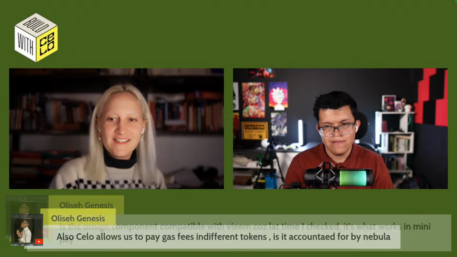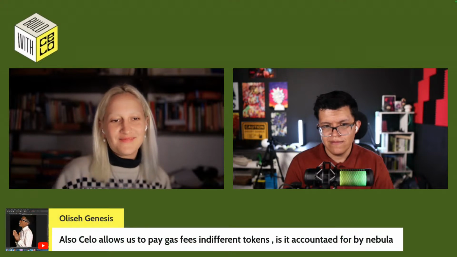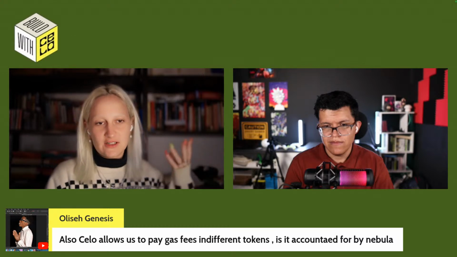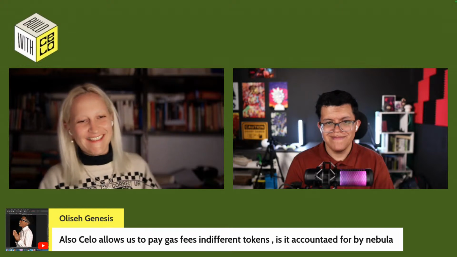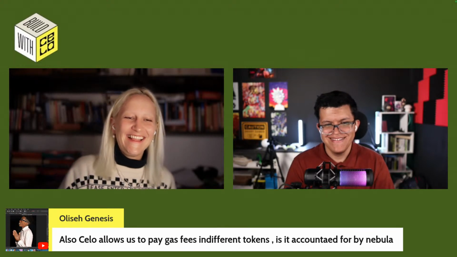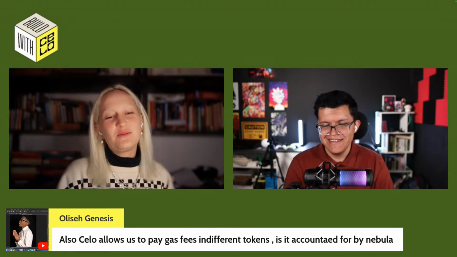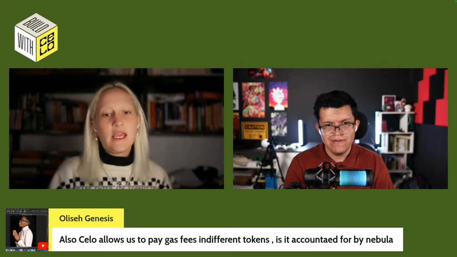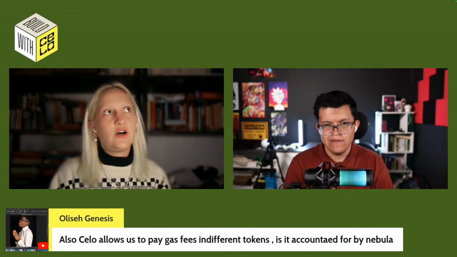Next question. Celo allows users to pay gas fees also in stable tokens, not only the native token. Odyssey is just promoting Celo at this point, I love it. Is this accounted for with Nebula?